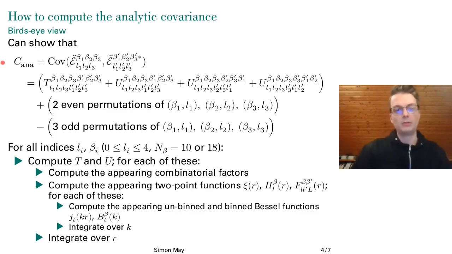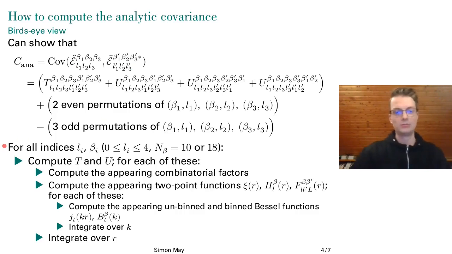Right, and it can be shown that this is what the computation of the analytic covariance looks like. It's basically just the sum of these different T and U terms with different permutations of the indices. Now, since the 4-point function had 6 indices, the covariance now has 12 indices.